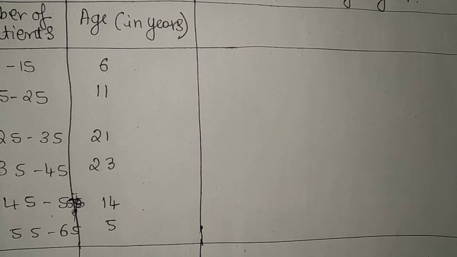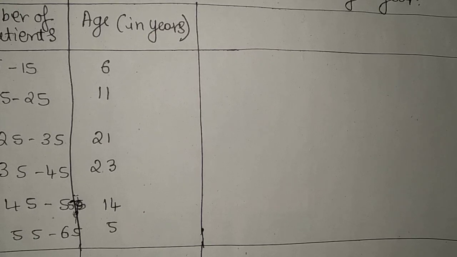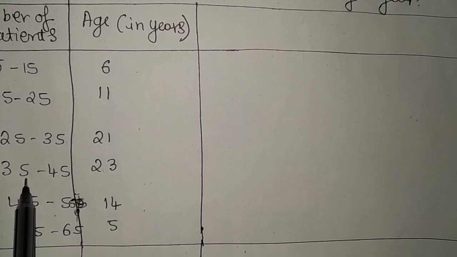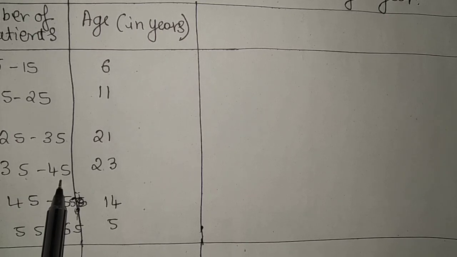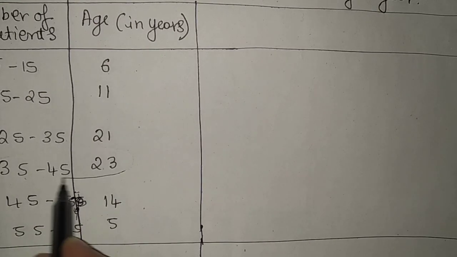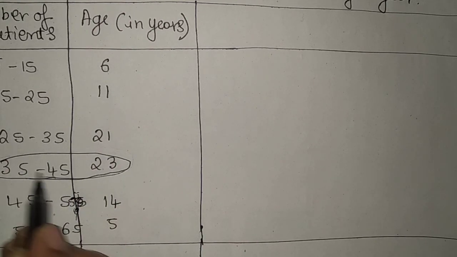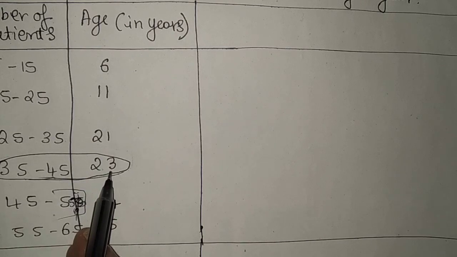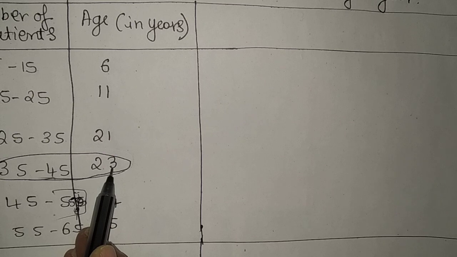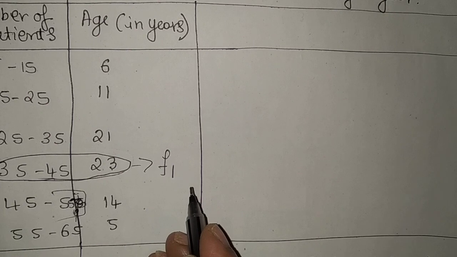Here, so maximum class interval, first we have to take this one, 35 to 45. So this one we block this, so maximum class interval is 35 to 45. Then this will be F1 and this will be F1.